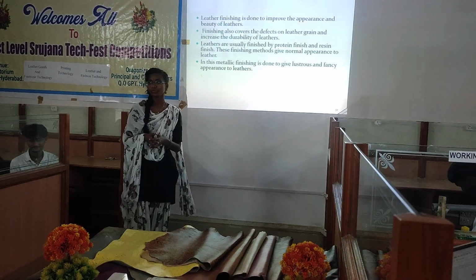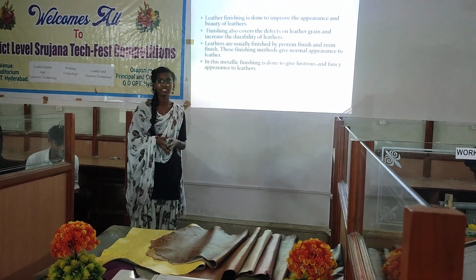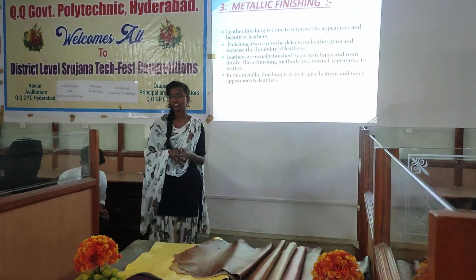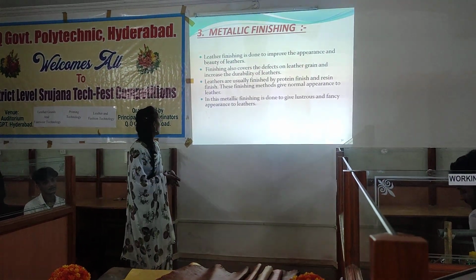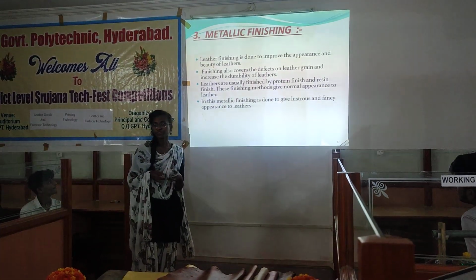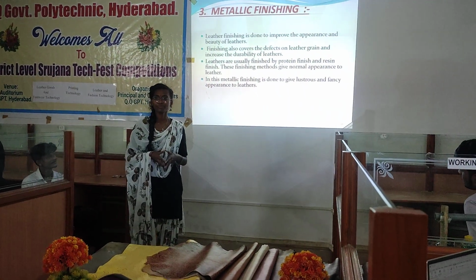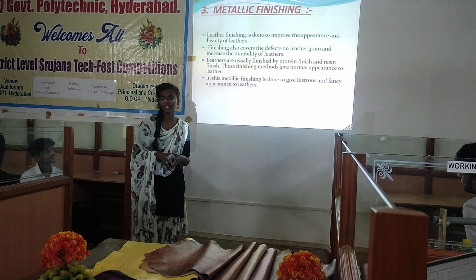Leather finishing is done to improve the appearance and beauty of the leather, and it also covers the defects of leather and improves the durability of leather. Leathers are usually finished by protein finish and resin finish, but they give a normal appearance to the leather.